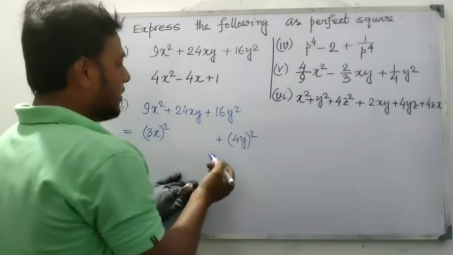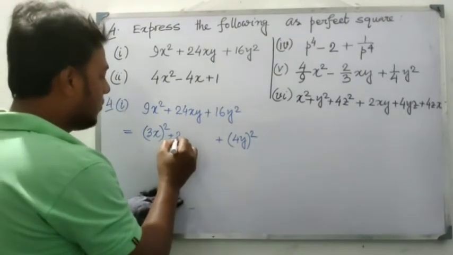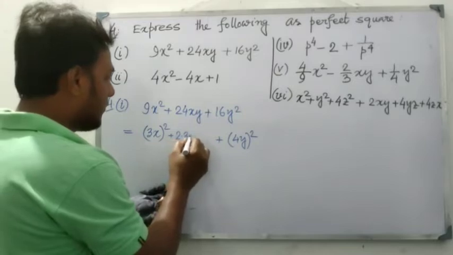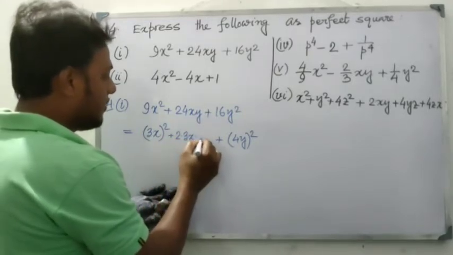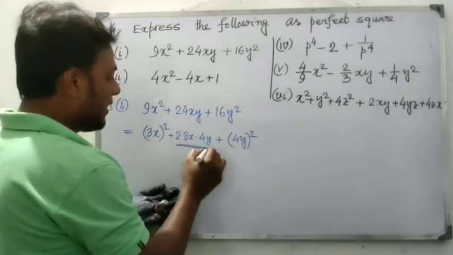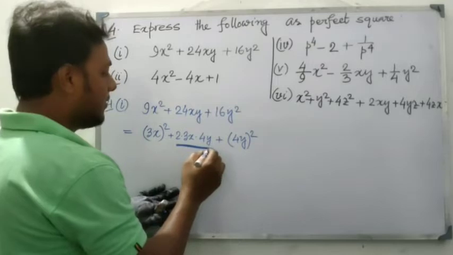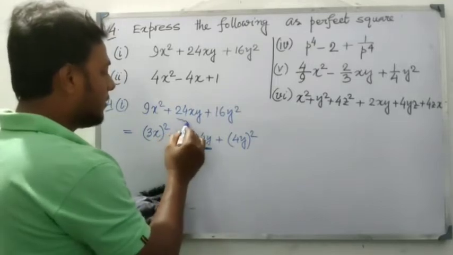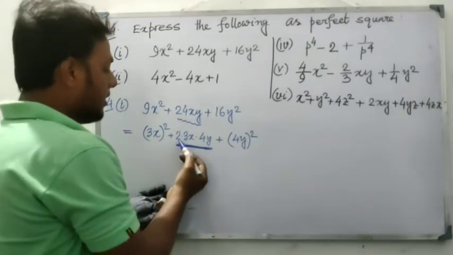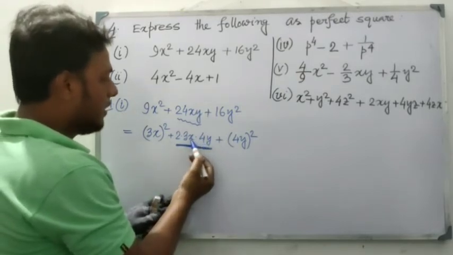See, so this is our a square, this is our b square, so the middle term will be 2 into 3x into 4y. Now you multiply these and check that the simplified value is identical with this one or not. See, 2 into 3 into 4, that means 24 into xy.